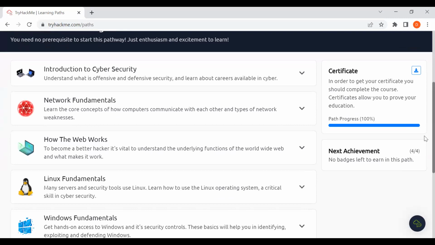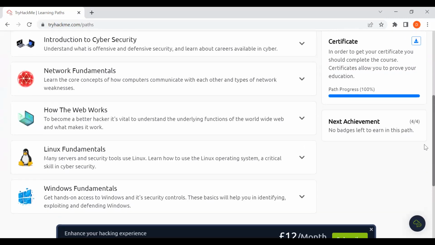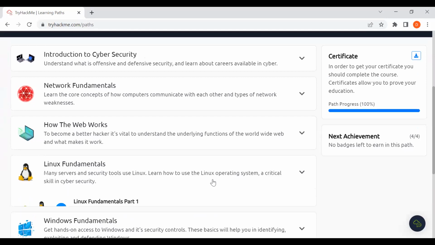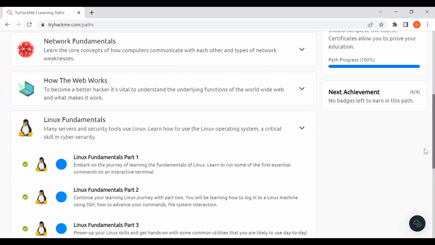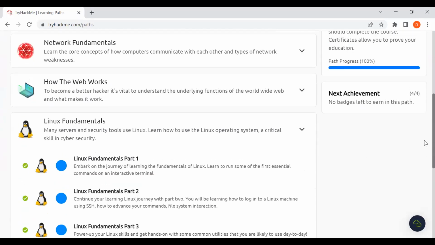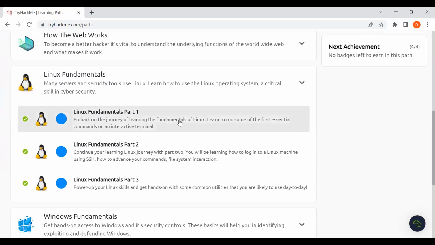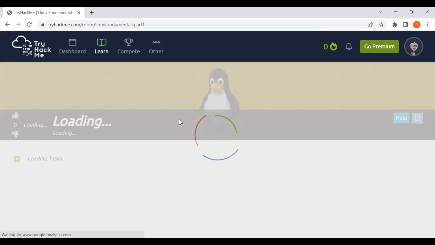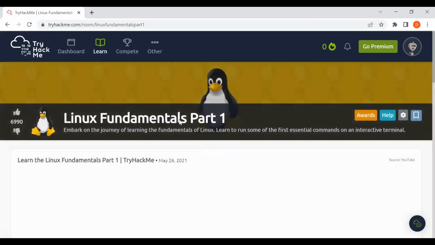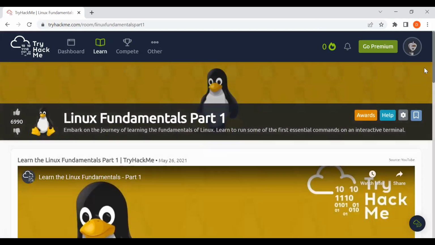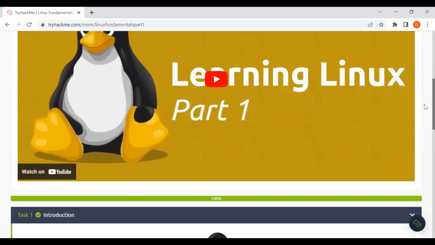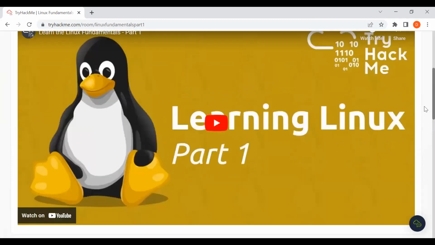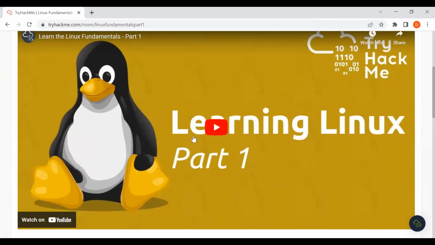So let me just look at one of the things that we can do so that you understand how to deploy it. For instance, if we want to take a course on Linux Fundamentals Part 1, this is how it looks, right? So you can come here, and there might be a video for you to watch to know what you need to do.